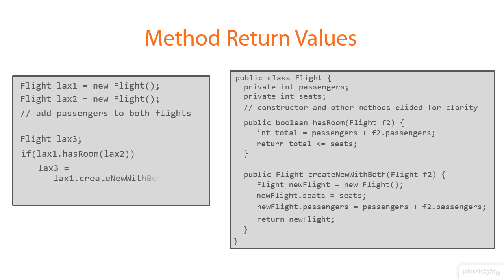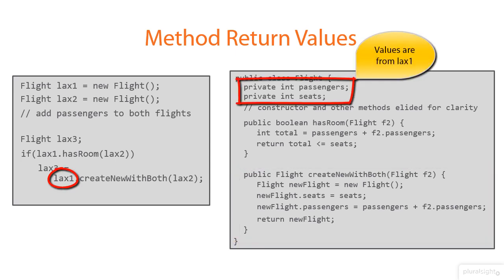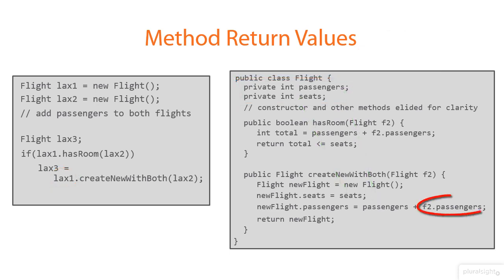Then we can go ahead and say lax3 equals lax1.createNewWithBoth, passing in lax2. Now again, control transfers over to createNewWithBoth. Because we called this against lax1, anywhere we use seats or passengers unqualified, those are the lax1 values. f2 passengers will be the lax2 passengers.